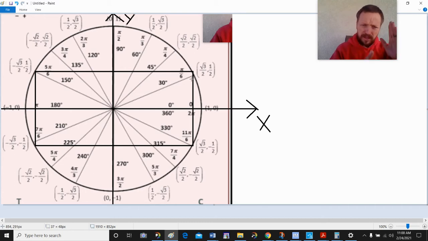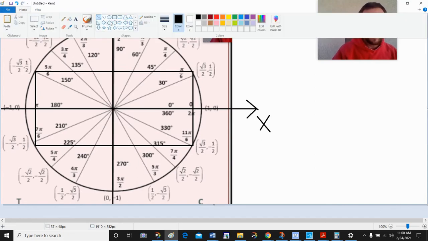If you understand which quadrants are positive and negative and how the x values go, then you'll be totally fine.